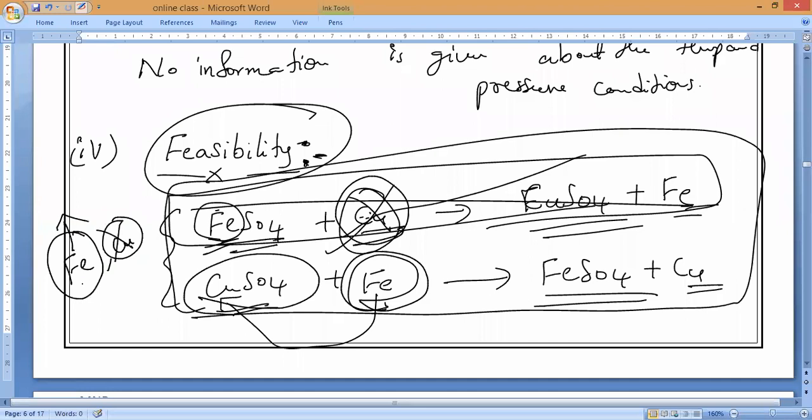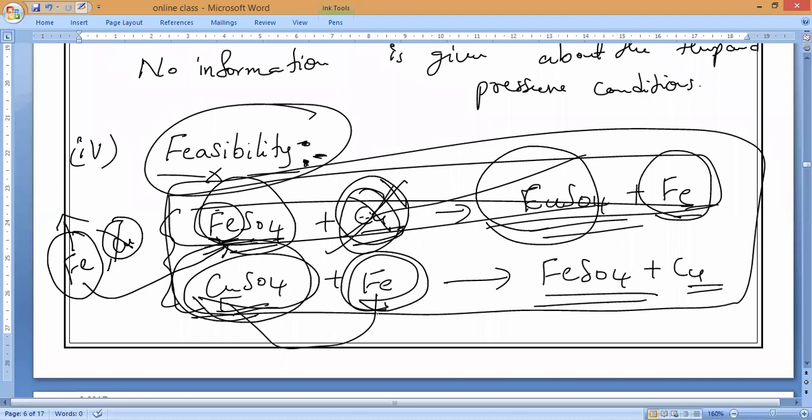So when iron is in compound state, copper cannot replace the iron and cannot form copper sulfate and iron separately. But when copper is in compound state, iron can react with that, kick the copper out and form the compound FeSO4. Understand? That is what I am saying.